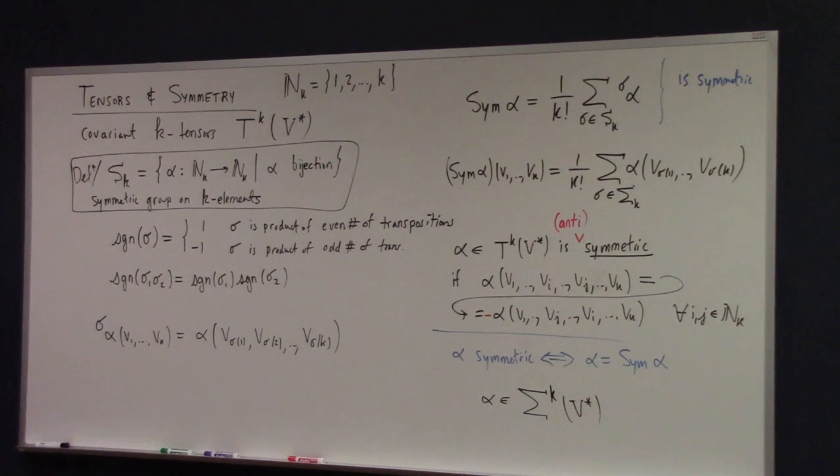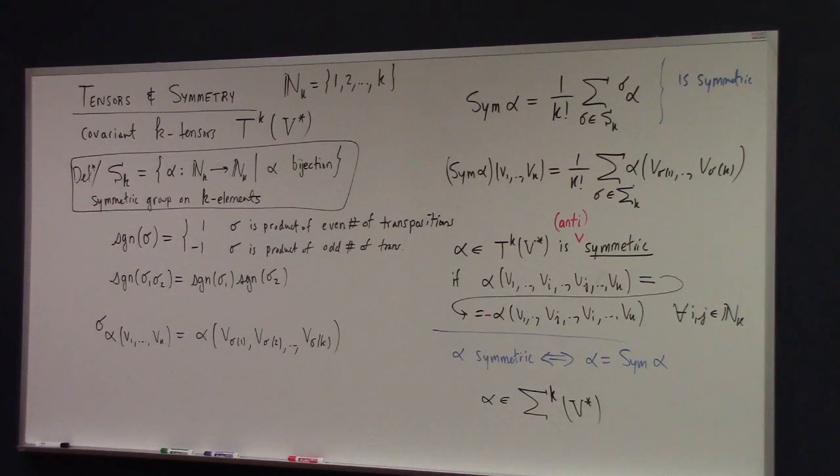All right. So basically, if you have alpha in, let's say, T^k of V star, oh my bad, what's that thing called? I keep forgetting. T^k of V star and alpha antisymmetric, then alpha is an element, here's the notation for those guys, lambda k of V star.